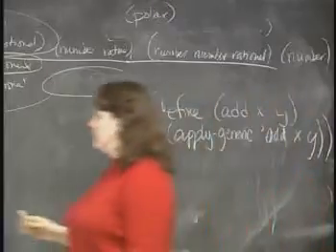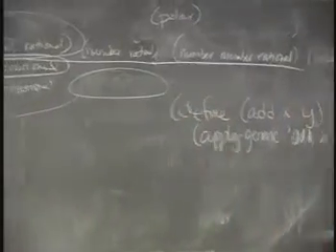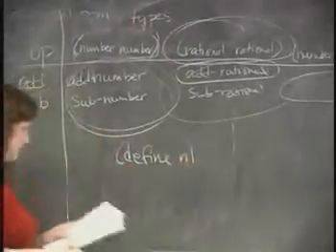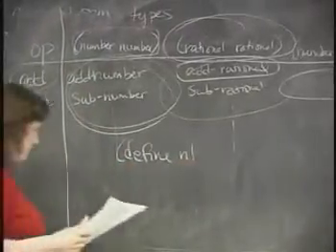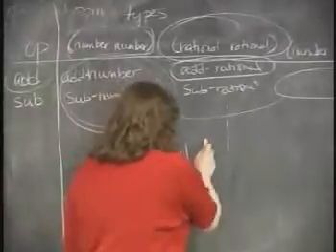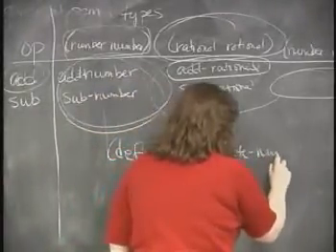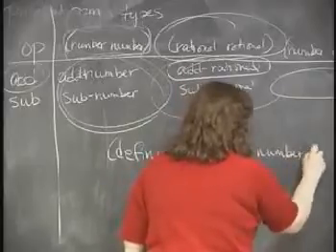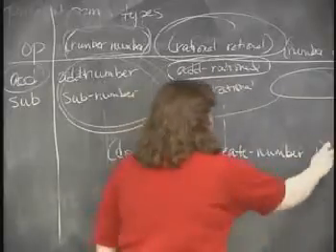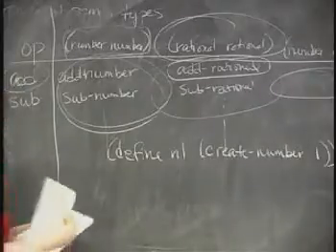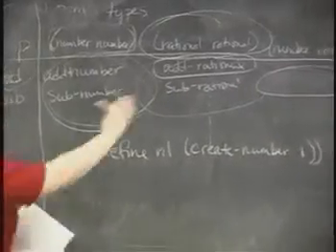So let's define a couple of numbers. Let's define n1, the number, to be create number 1. The generic number package is on page 2 of the handout. The first page is where they defined add.